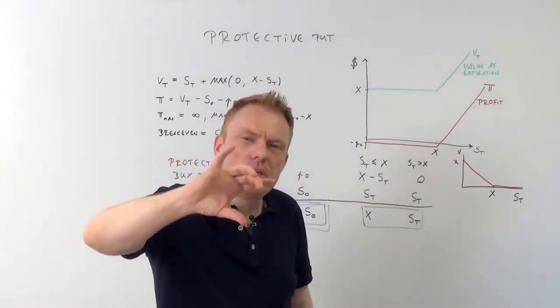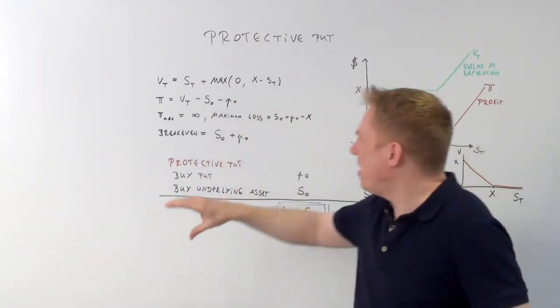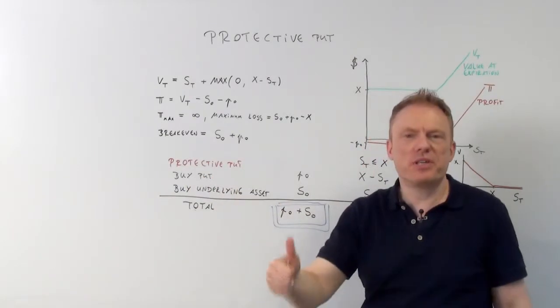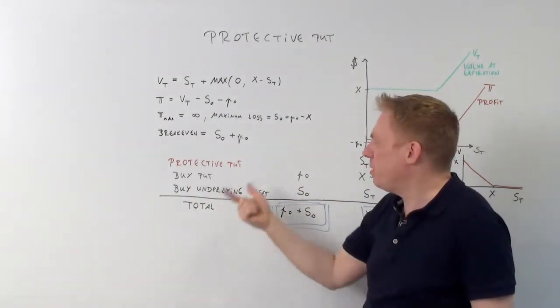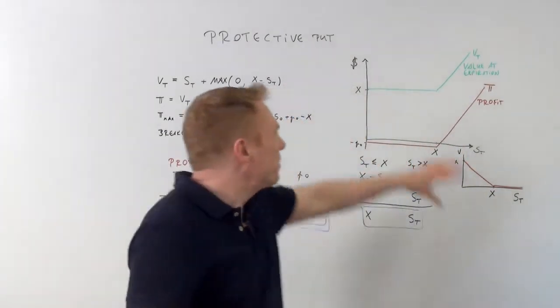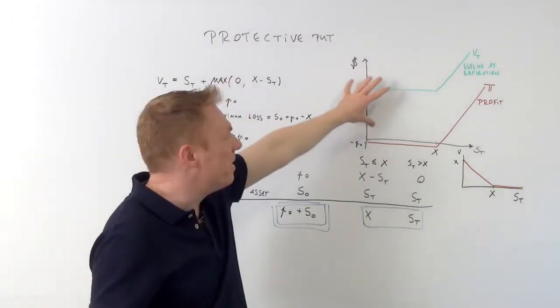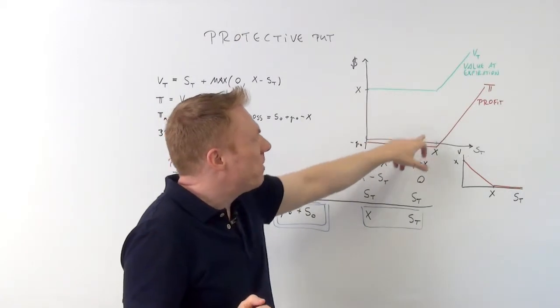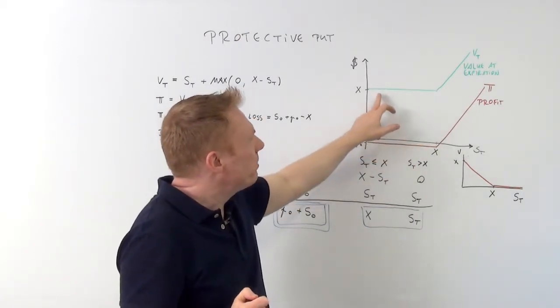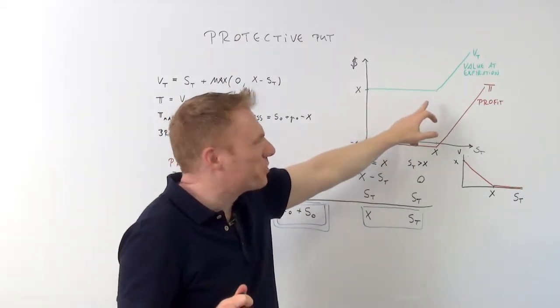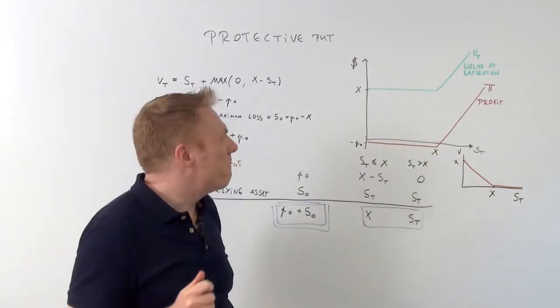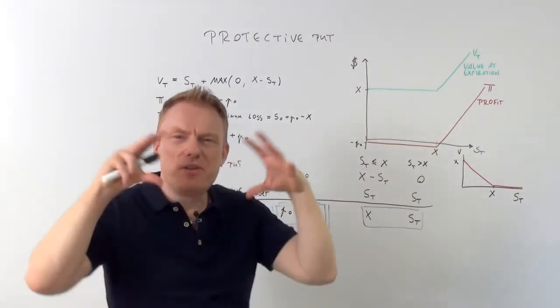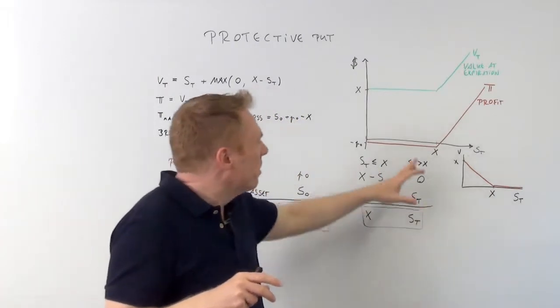Now, if we consider both at the same time, the put first and the underlying asset that we bought too, we have these lines. We have the value at expiration and we have the profit. Now look at this first: the green line, the value at expiration of the entire protective put.